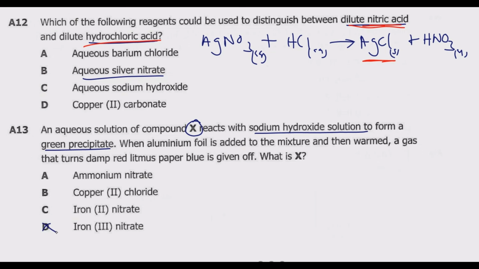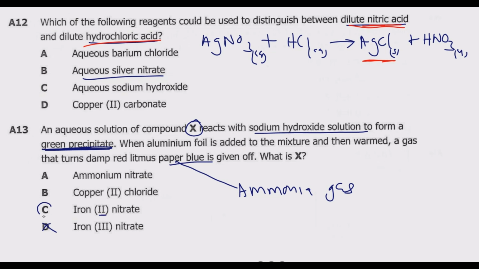Again, because we are getting this gas which is turning the red litmus paper blue, this should be ammonia gas. If it's ammonia gas, meaning we have nitrate somewhere there. Because we have nitrate, it means this should combine with the test for iron 2 cation, which is iron 2, which is this one, then also nitrate.